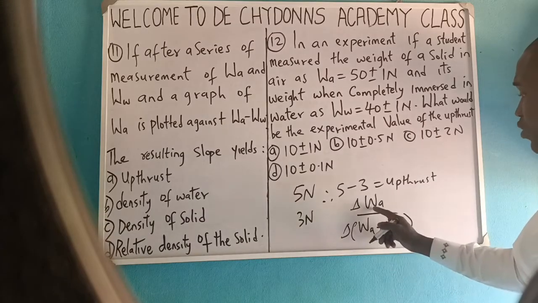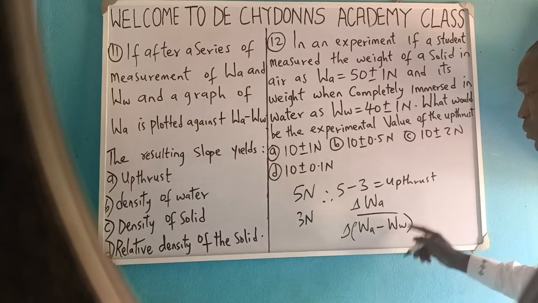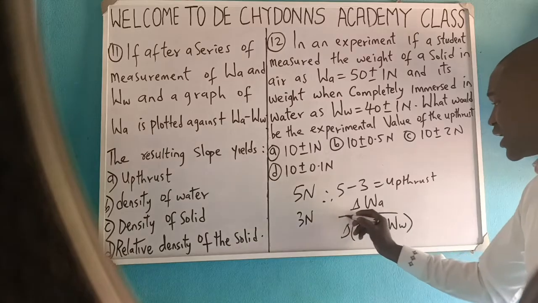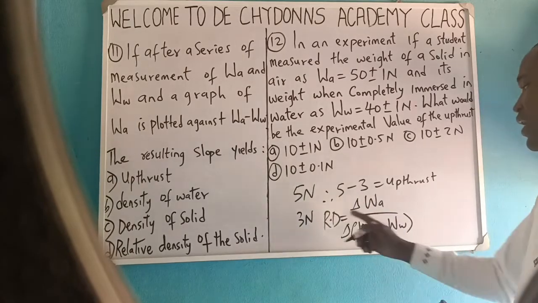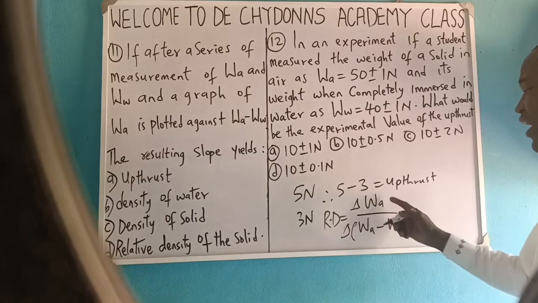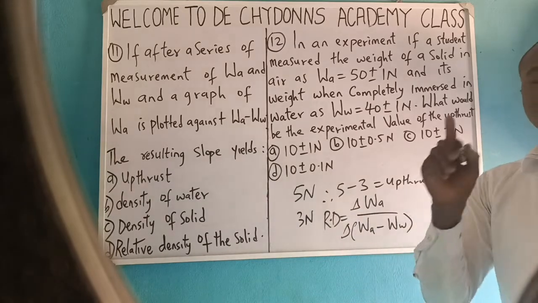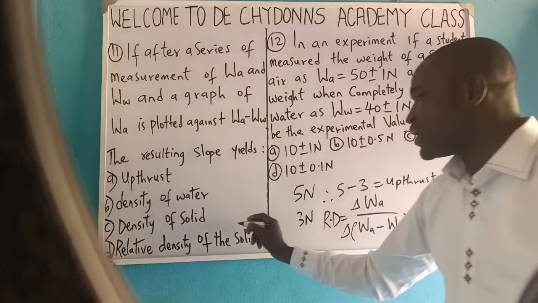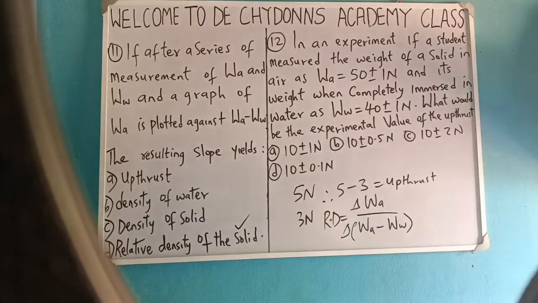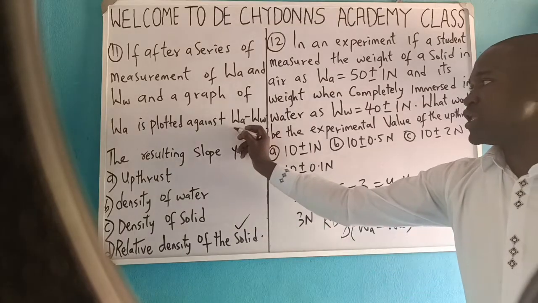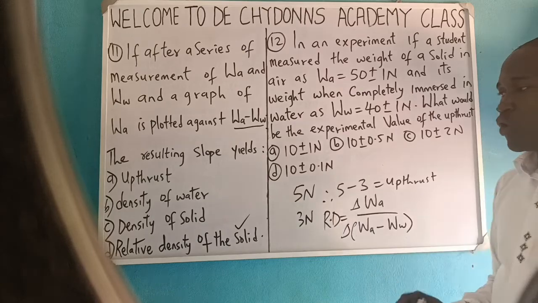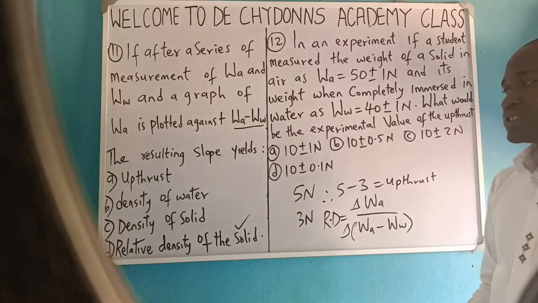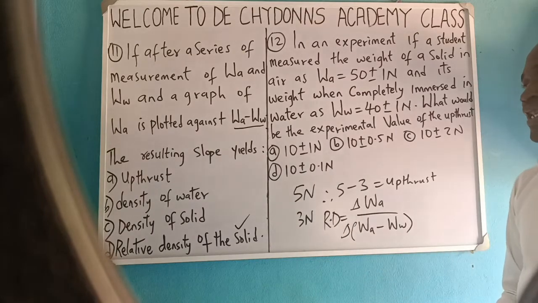When you plot the graph of WA against WA minus WW, the slope you'll be getting is called relative density, because this is the formula for getting relative density of a substance. And so we say it is option D. That is the answer. Not upthrust. Only this one will be giving you the upthrust. Not density of water, no. And not density of solid.